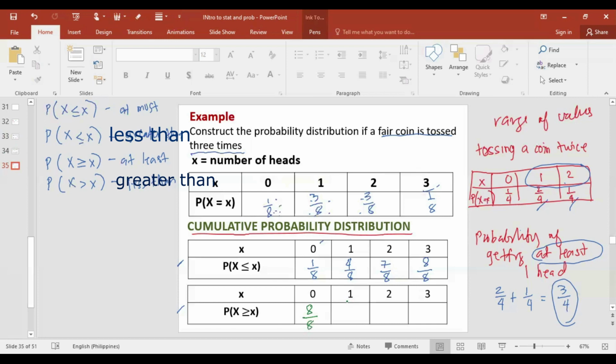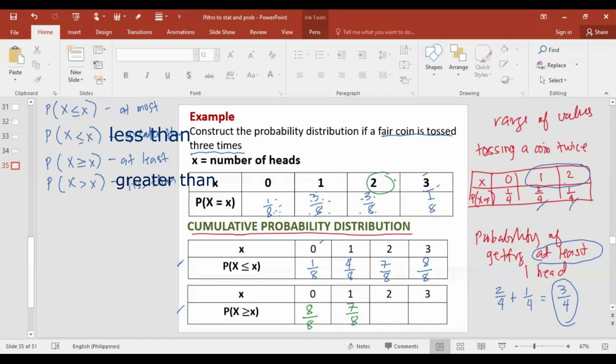Next, what is the probability of getting at least 1 head? So, since at least 1 head, pwede yung 2 and 3. So, we add 3/8, 3/8, and 1/8. So, we get 7/8.